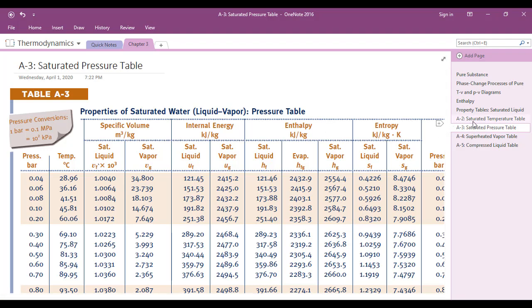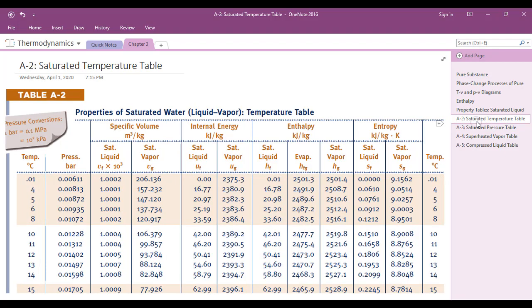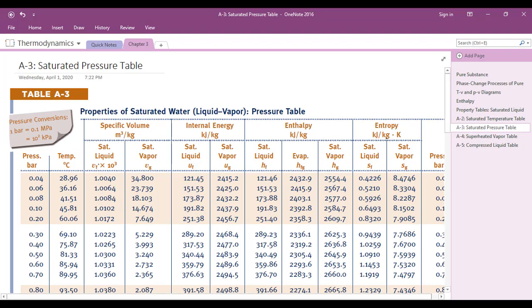So what's the difference between the two? These two are similar. However, in the temperature table, as you can see, the first column is the temperature. For the saturated pressure table, the first column is the pressure, not the temperature.